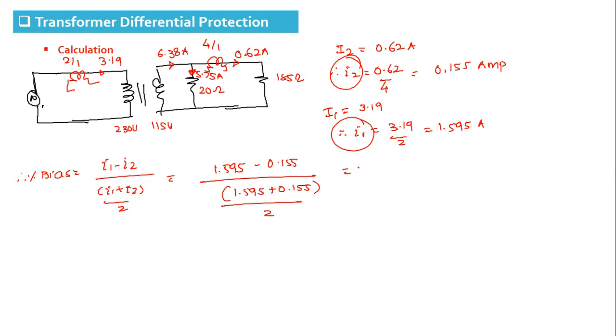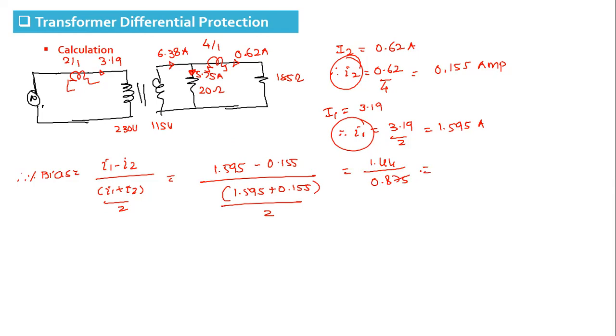What is the percentage bias coming for this case? 1.44 differential current divided by 0.875.